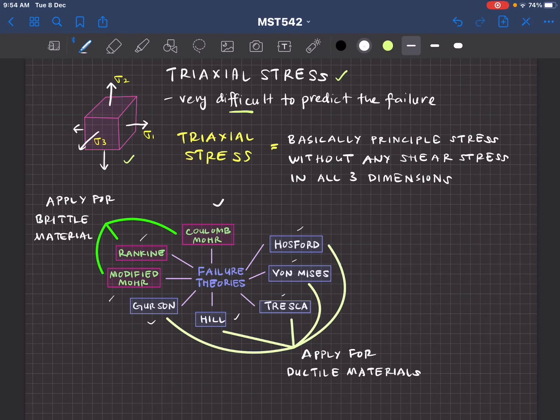Each of these methods works relatively well under certain circumstances. And failure theories which apply for ductile materials most of the time can't be used for a brittle material.